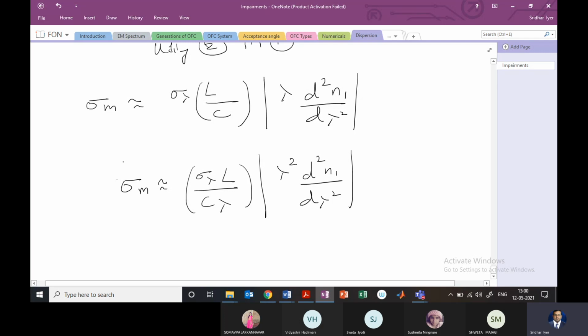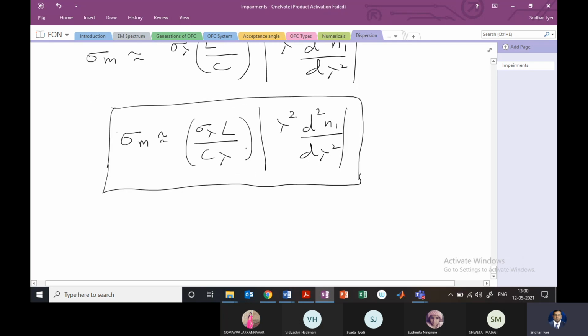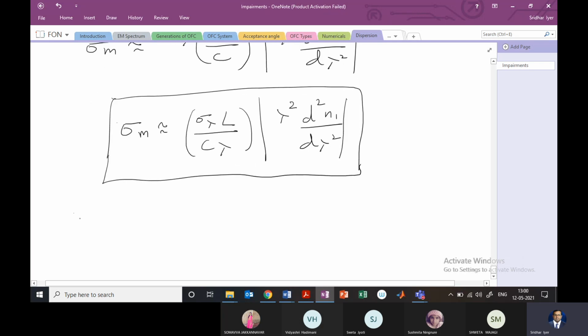So this is the pulse broadening which occurs due to material dispersion. You can see why we introduced the lambda towards the end, because inside the modulus now everything will be the square function. So material dispersion, and we'll call this M.